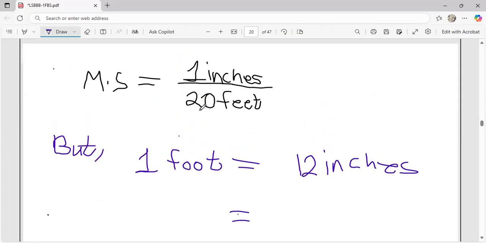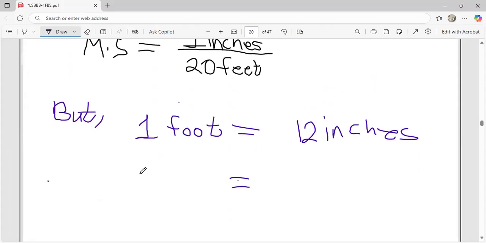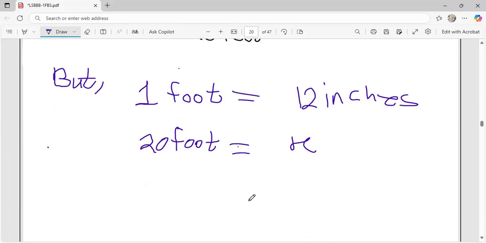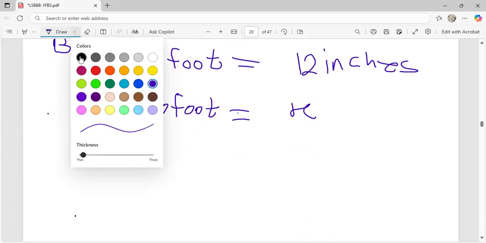So if you put x over here, you just have to make x the subject.